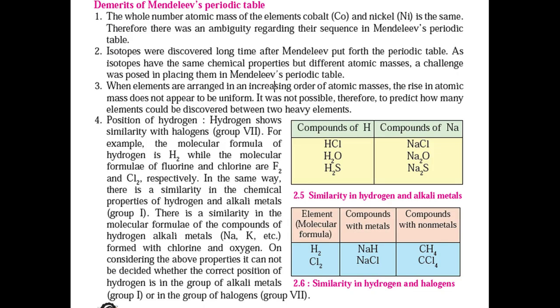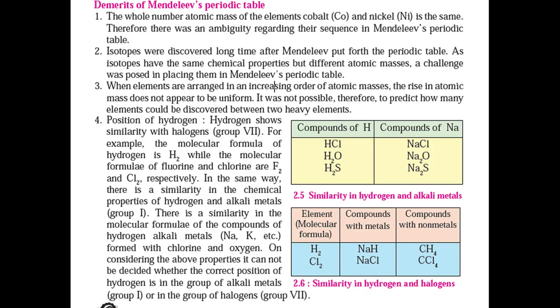In the same way, there is a similarity in the chemical properties of hydrogen and alkali metals, that is group 1. There is a similarity in the molecular formulae of the compounds of hydrogen and alkali metals, which are sodium, potassium, etc. And these metals are actually formed with chlorine and oxygen.